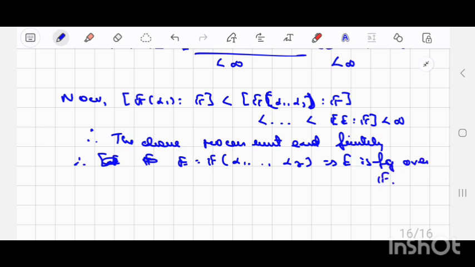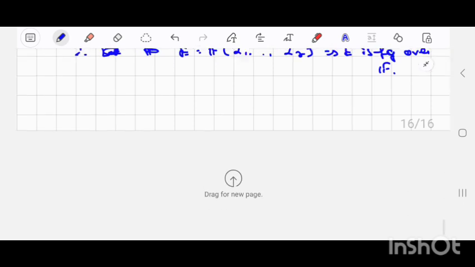Okay, is it clear? Clear, fine. What can we say about the converse?